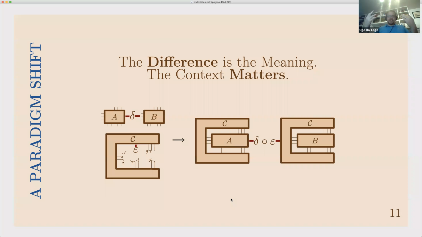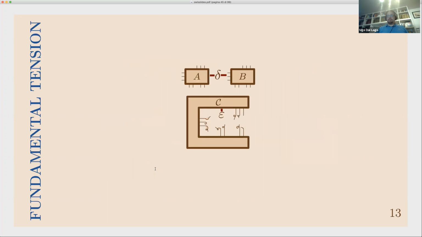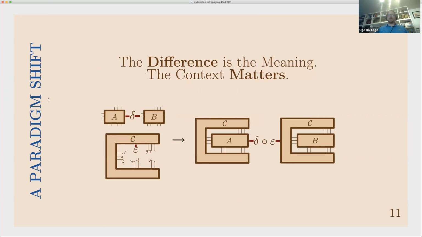So this is, for example, what happens in metric logical relations, where this delta is a real number, the actual distance between A and B. This epsilon is taken as a real number itself, but actually it's a zero there.